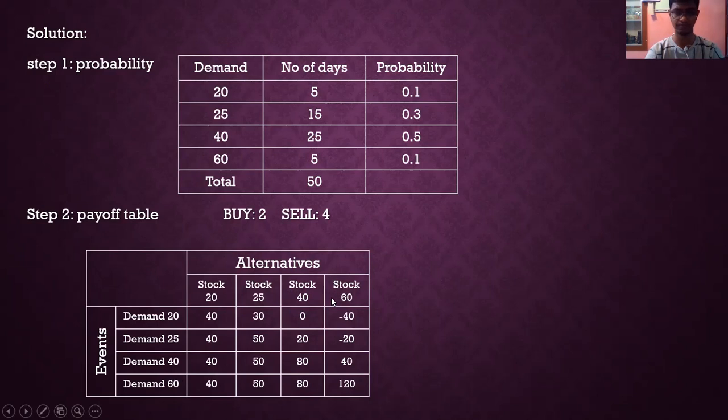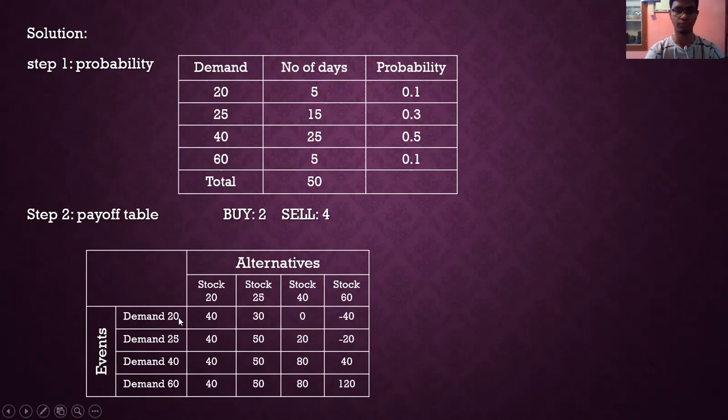So here we meet the demand: we have a demand of 60 and also a stock of 60. We can sell the whole stock and meet our demand. By selling these 60, we'll make a profit of rupees 120, since the profit for each unit is 2. So 60 into 2 will be 120. This is how it works.